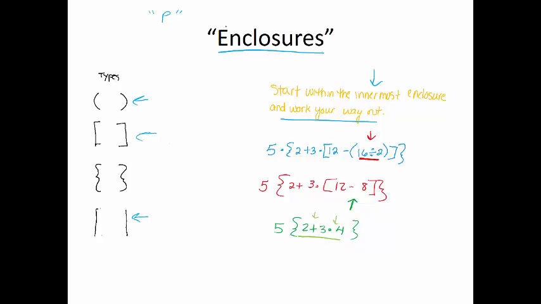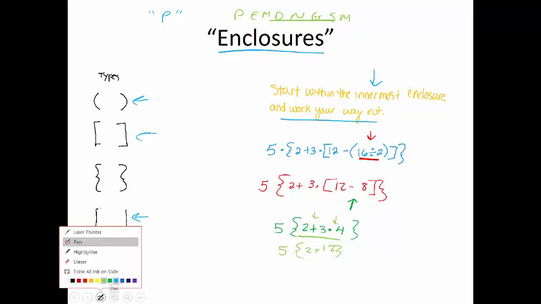Which one comes first? Please eat more desserts. Nate's great strawberry mousse. So we are going to do our multiplication first. So 3 times 4 is 12. So we have 2 plus 12 times 5.